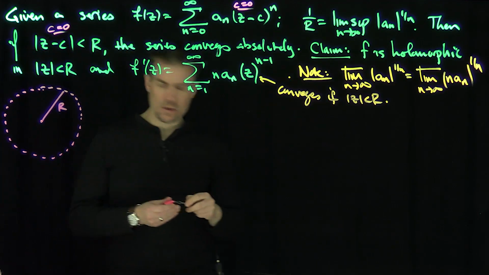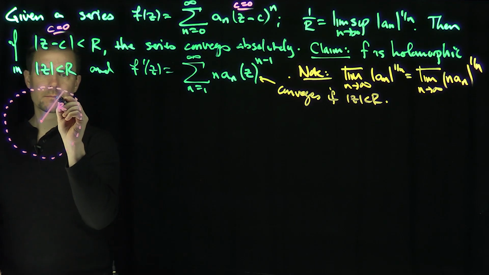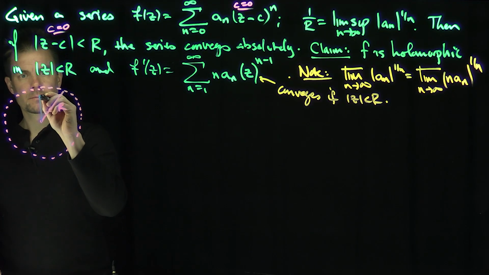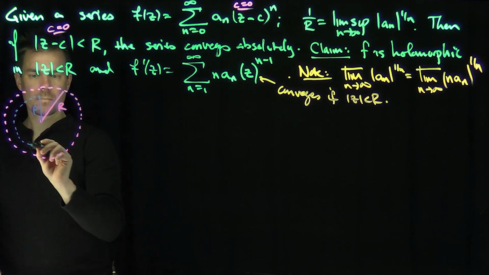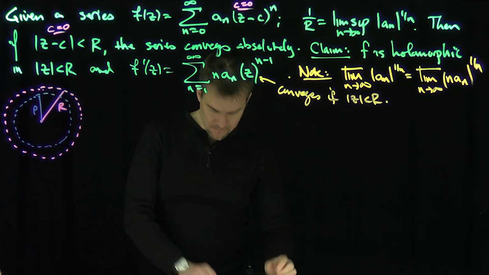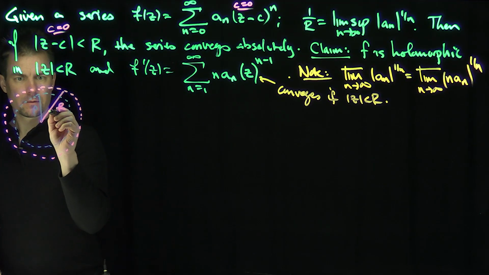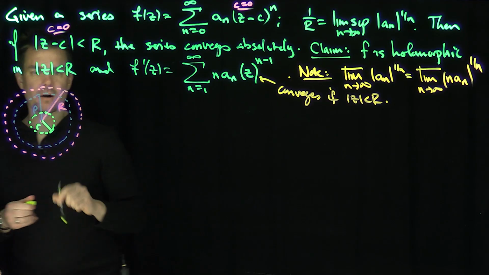Then I'm going to draw a smaller circle over here of radius rho, where rho is less than r. And one more tiny circle, here's my last tiny circle. That's a circle of radius little r.